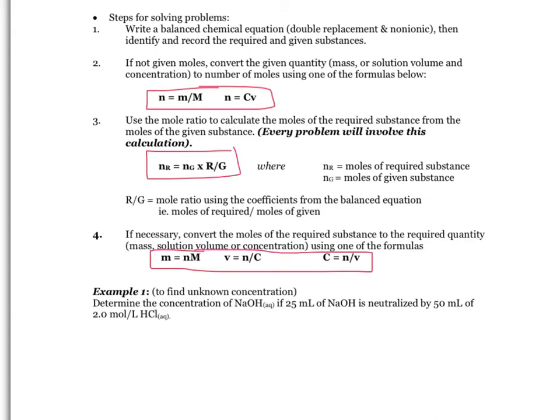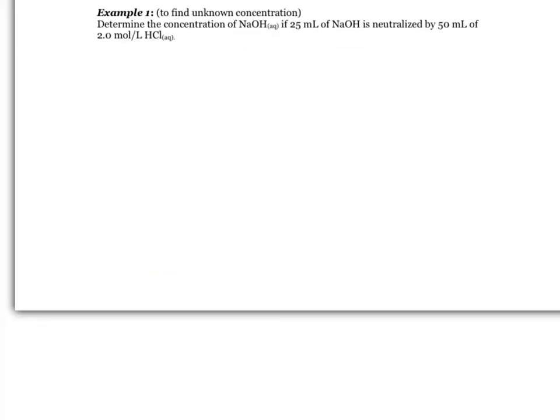Let's put this to the test by going through example number 1. Determine the concentration of sodium hydroxide if 25 milliliters of sodium hydroxide is neutralized by 50 milliliters of 2 molar hydrochloric acid. Step 1 is to write out the balanced chemical equation between NaOH and HCl.